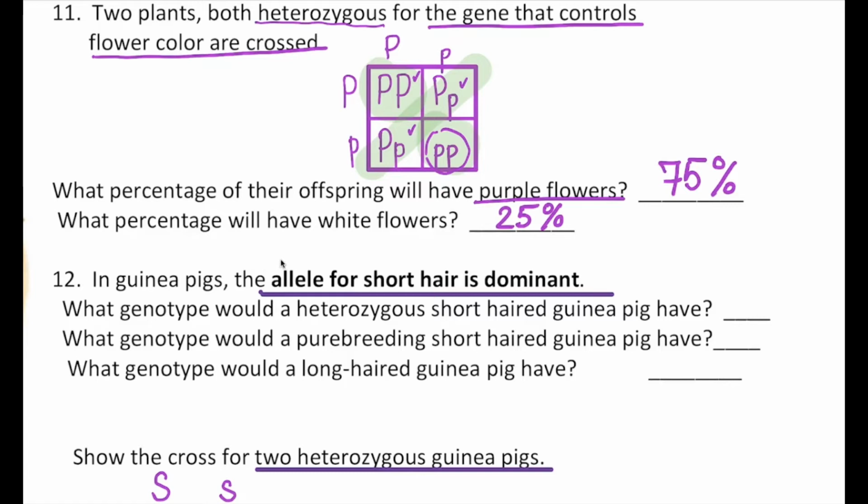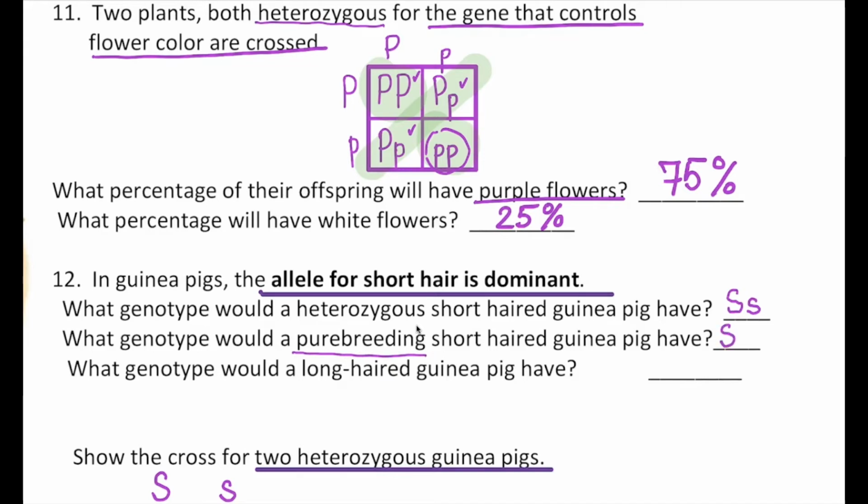Next question, number 12. In guinea pigs, the allele for short hair is dominant. What genotype is heterozygous for short hair? I'm going to use S. So S and lowercase s. Short-haired guinea pigs would be pure breeding. They're asking pure breeding.